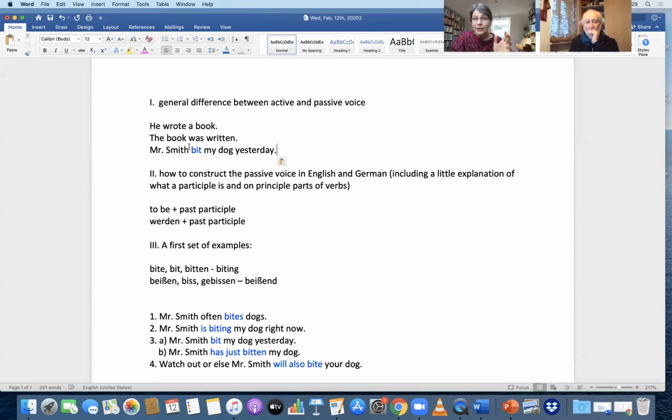In an active voice sentence, the object is the receiver of the action. And maybe we can simply say the victim. Now in the case of the book was written, the book isn't the victim, but it's still more memorable if we say active voice, subject is doer of deed, passive voice, subject is receiver of deed or victim.